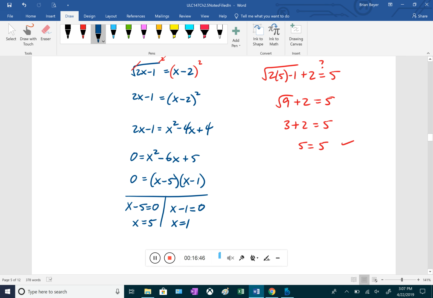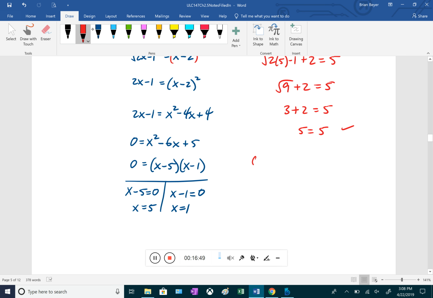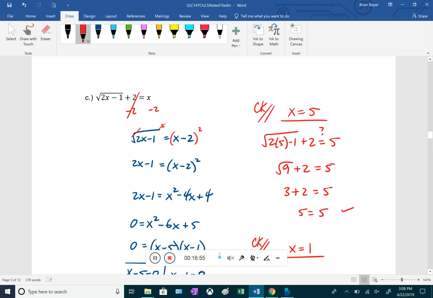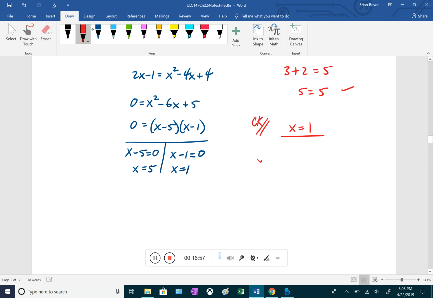And now let's check it for x equals 1. So plugging in a 1 into the original, it's going to be radical 2 times 1 minus 1 plus 2 equals, with a question mark, 1.